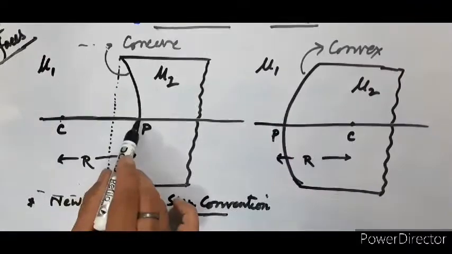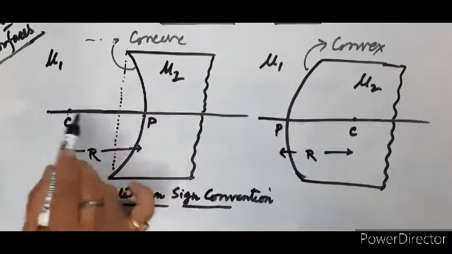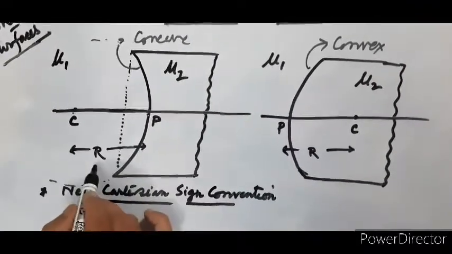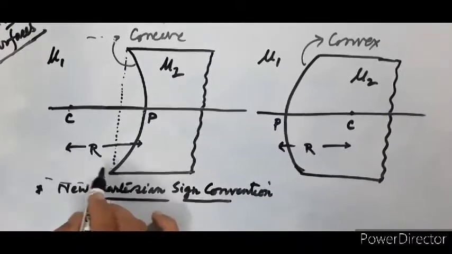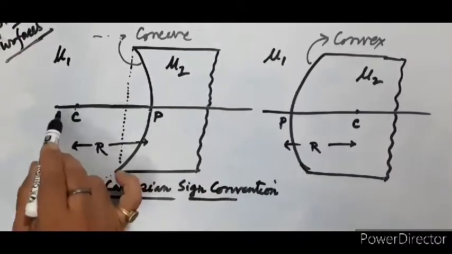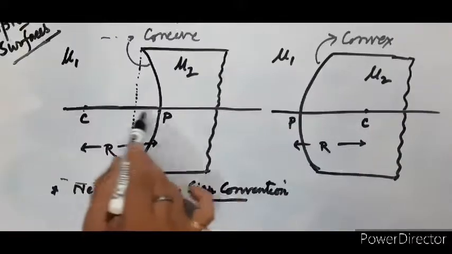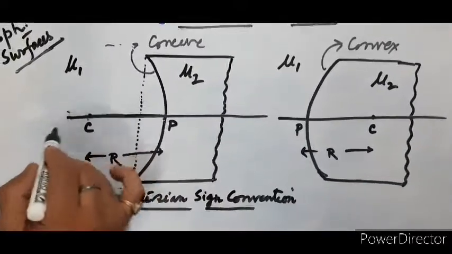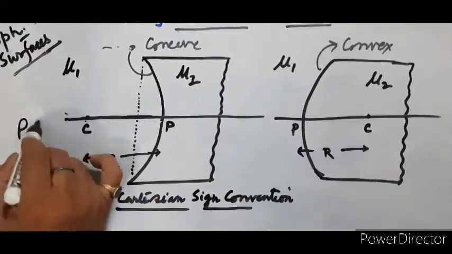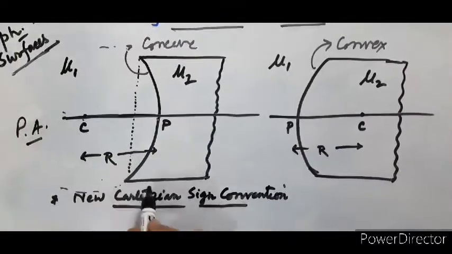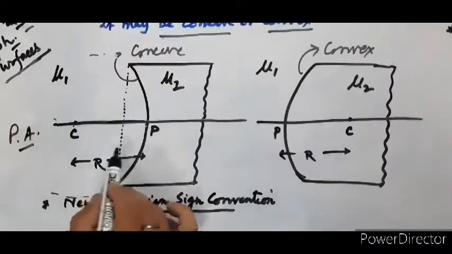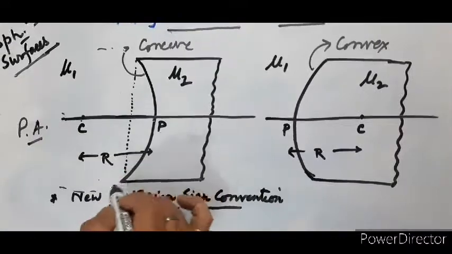So the radius means from the pole to the center. That is the radius of curvature. Another point is the principal axis. The line joining P and C is the principal axis. Simple.